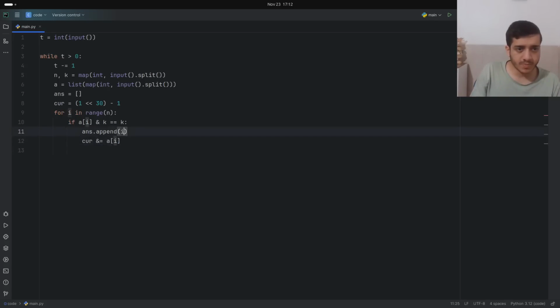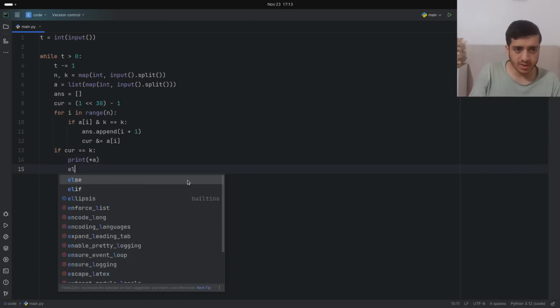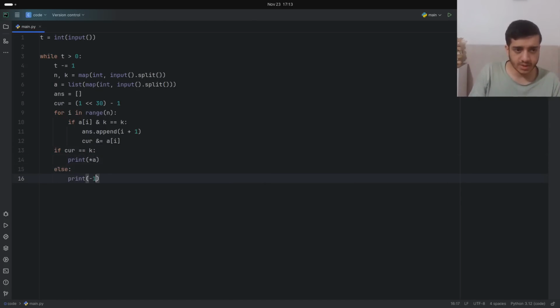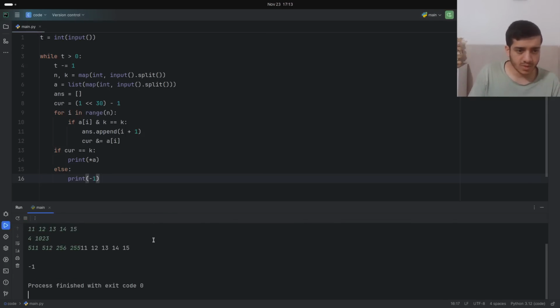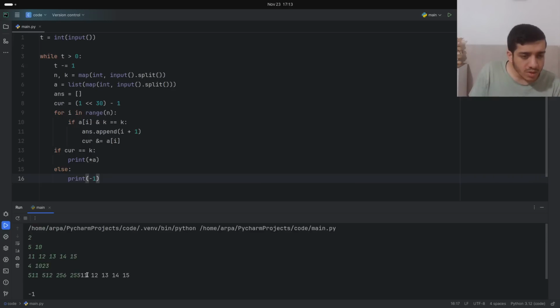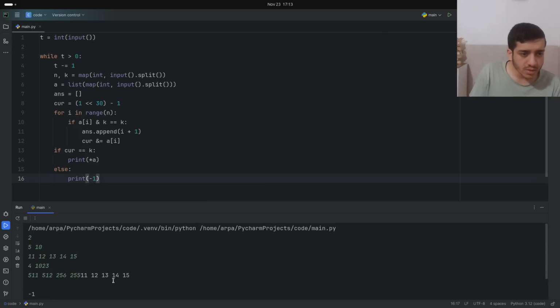And if current is equal to k, print star a, else print -1. It picked everything, right?